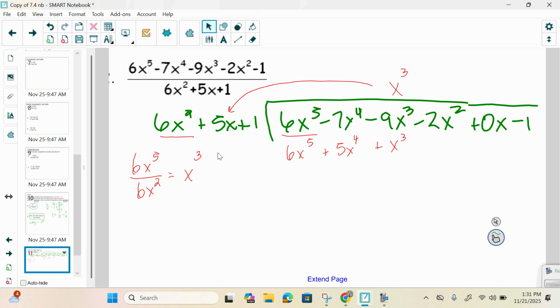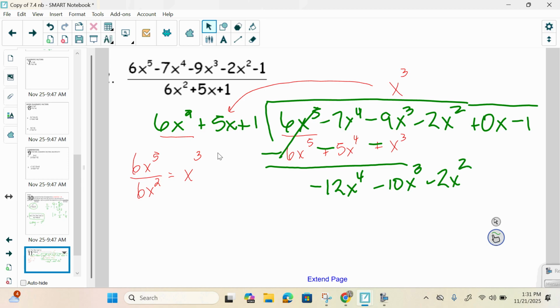What do I do right there? What do I do when I draw a line right here? Add or subtract? Subtract. So I like to change my signs. Cancel. Negative 12x to the 4th minus 10x cubed minus 2x squared. Bring down. So you guys try the next piece, right?